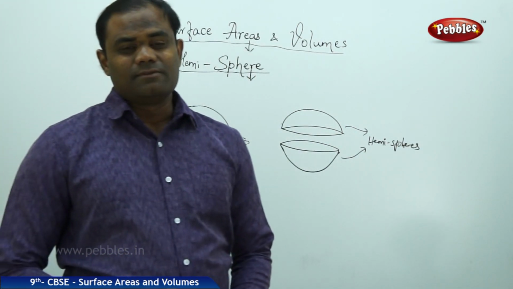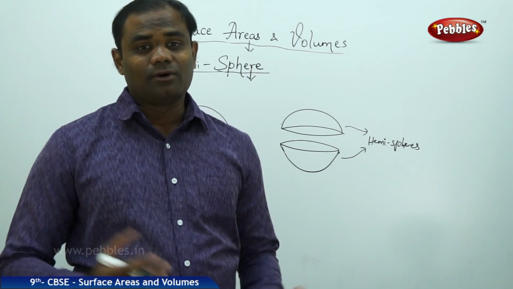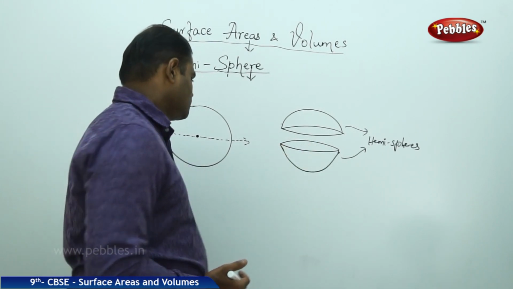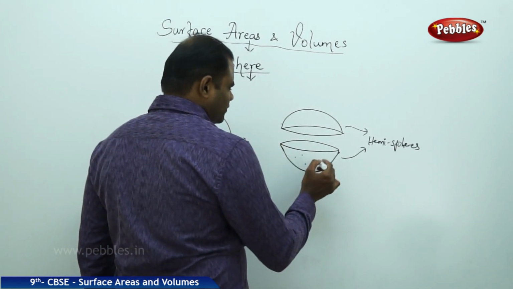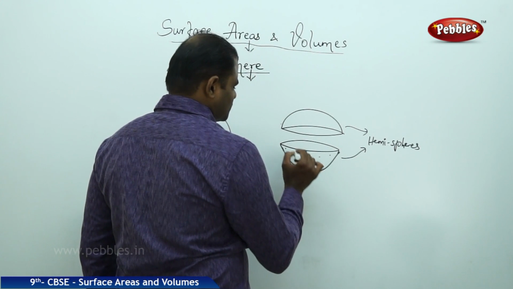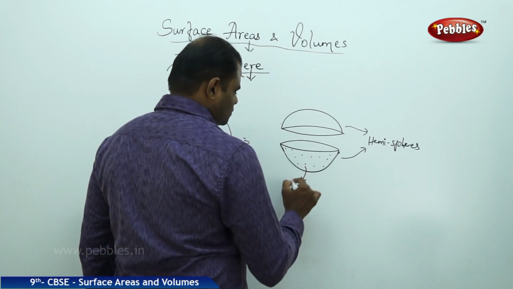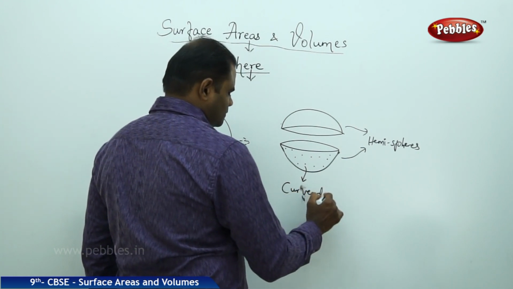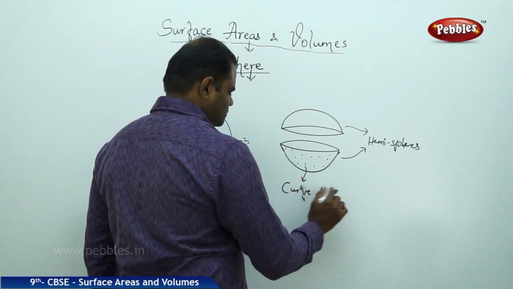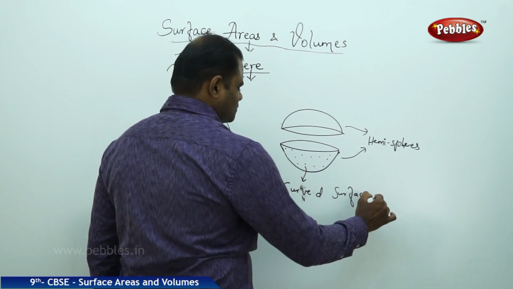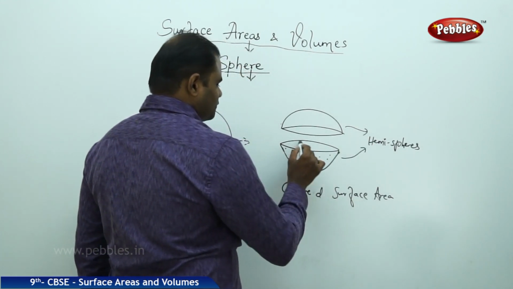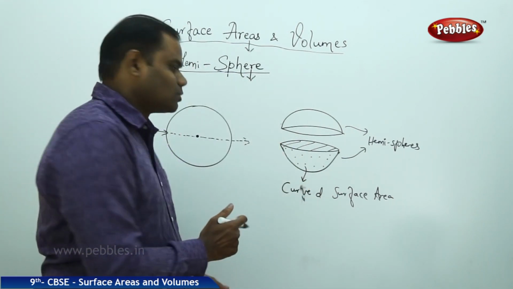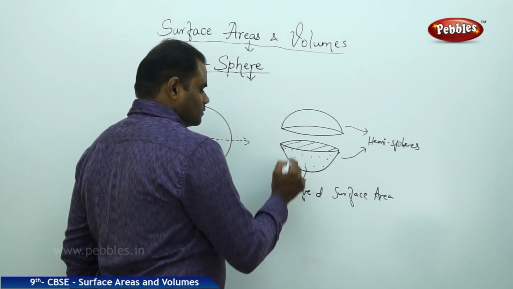So let's define the surface area of a hemisphere. This is the curved region which defines the curved surface area, and if the circle is added to this dotted region, then that becomes the total surface area.